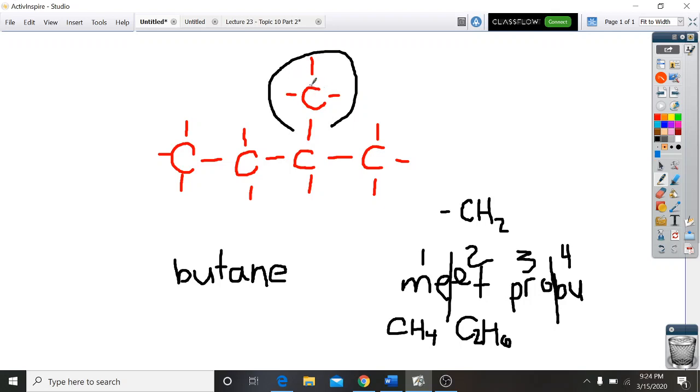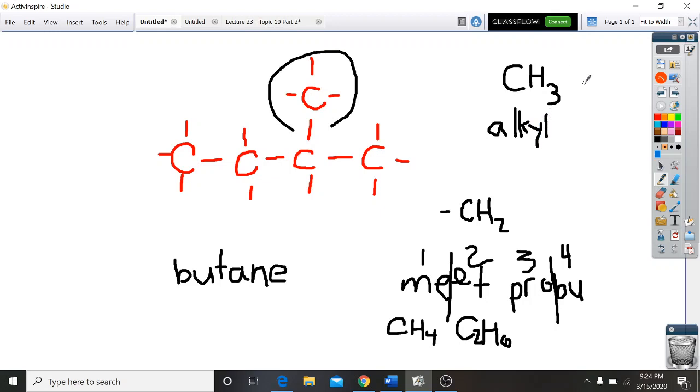When I look at this thing, it's a C with 3 H's. So I have CH3. CH3 looks a lot like CH4, which is methane. However, when you have what looks like an alkane, except it is missing one of the H's, it is what we call an alkyl group, and it takes the suffix -yl.